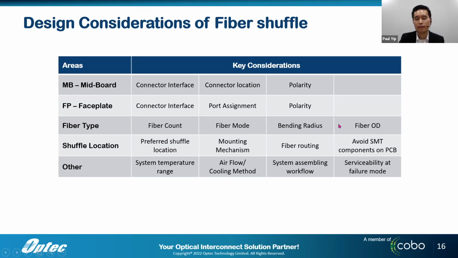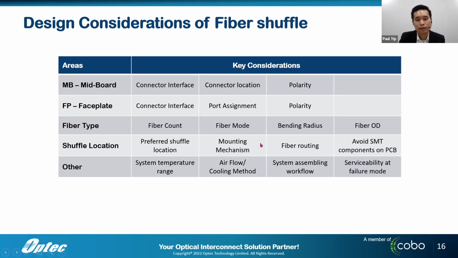And of course, we have other reduced cladding fibers to choose in a long-term development. So this is available in the market as well. So we can think about the shuffle locations. Where do we put the shuffles? Is it on the front, on the side, or in the middle?